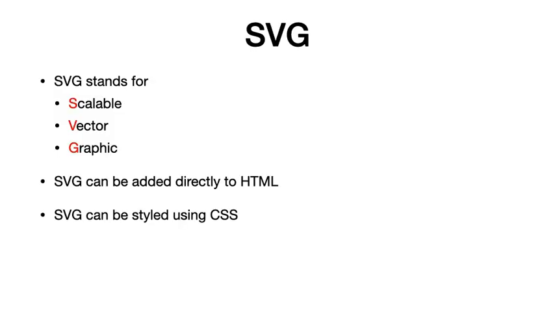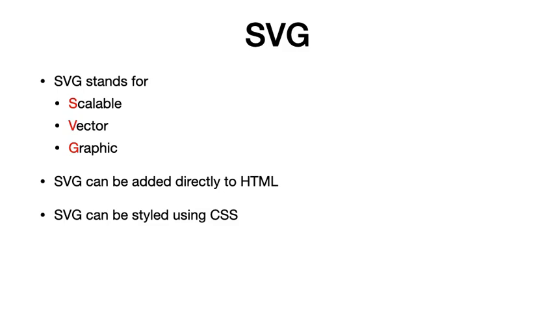Now I'll explain about one type of vector graphic that anyone is free to use. This is called SVG. What is SVG? SVG stands for Scalable Vector Graphic. What's convenient about SVG is we can add it directly to any HTML file.